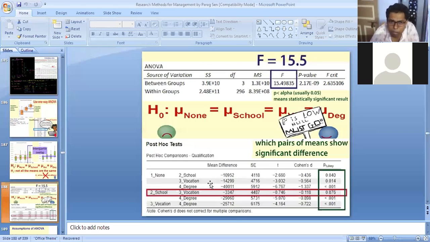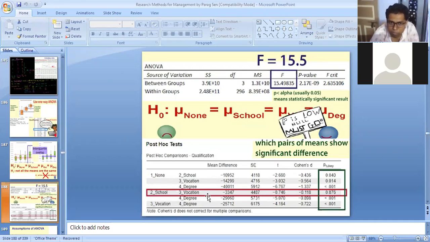If you compare the vocational level and those who have a proper degree like BTech, bachelor's or master's, there is also a significant difference in terms of salary.